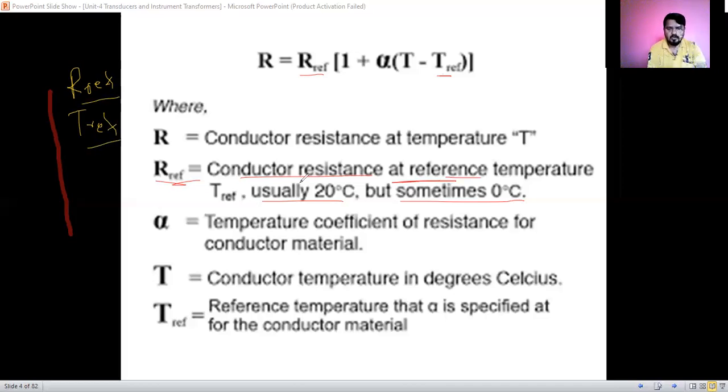The conductor resistance at temperature T reference is usually at 20 degrees Celsius, but sometimes 0 degrees Celsius. T reference is the reference temperature that alpha is specified at for the conductor material. For the particular material of conductor, the alpha is already predefined. That value we are going to consider, that is called initial resistance, initial temperature. Before calculation, what is the initial temperature? We have called that one here.